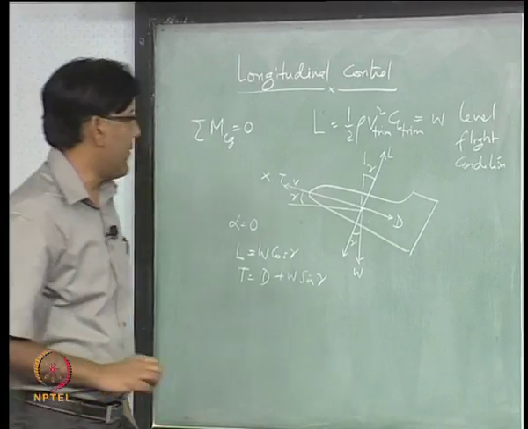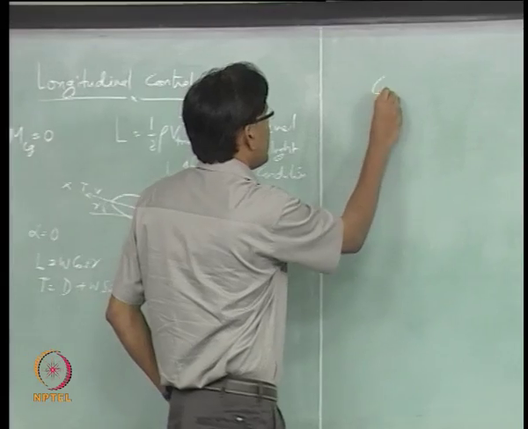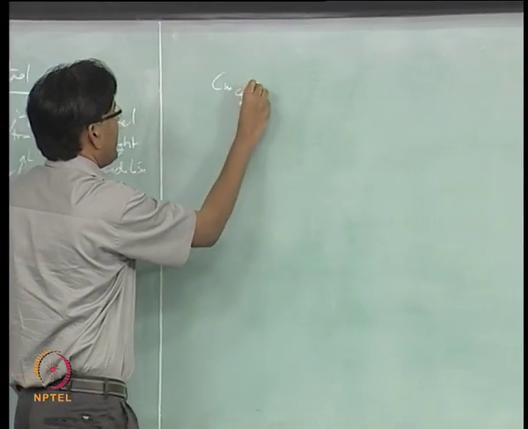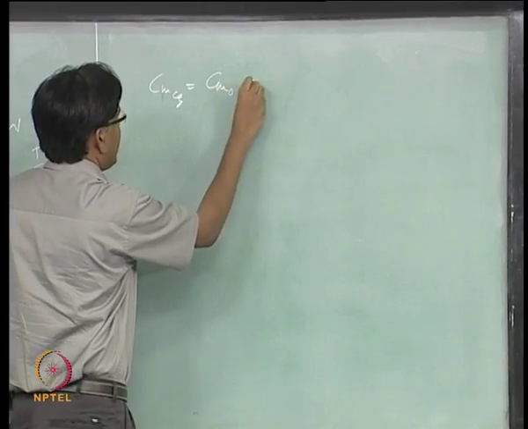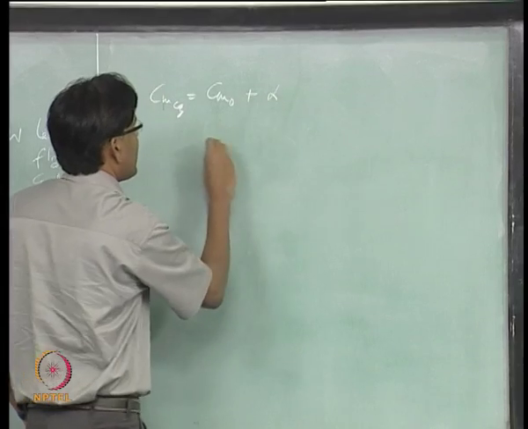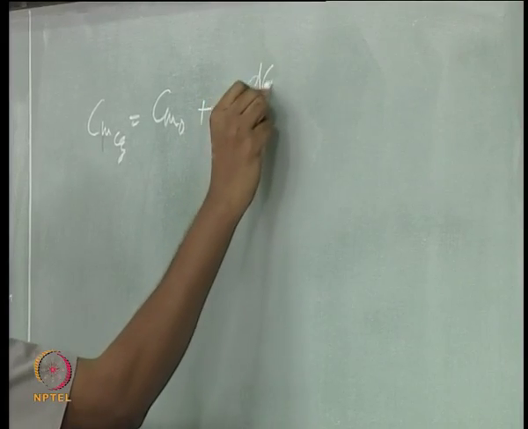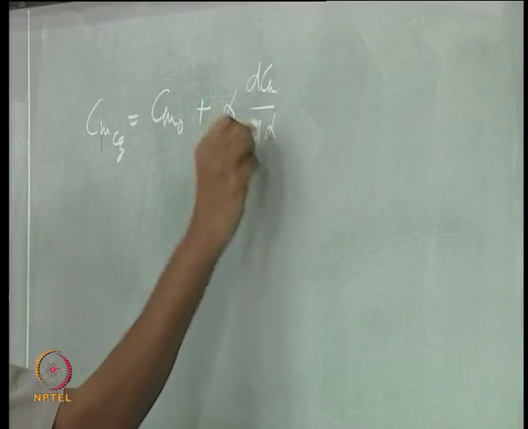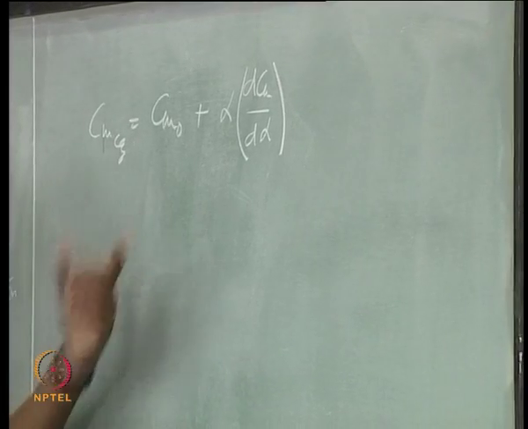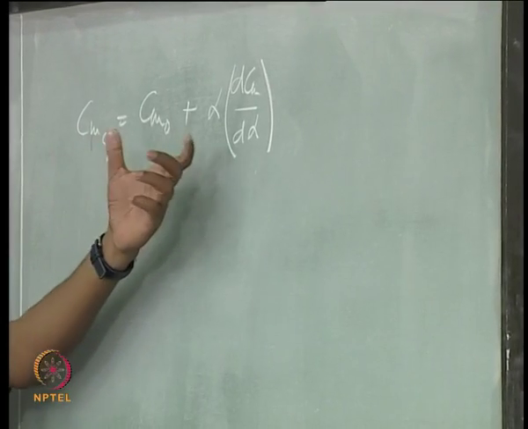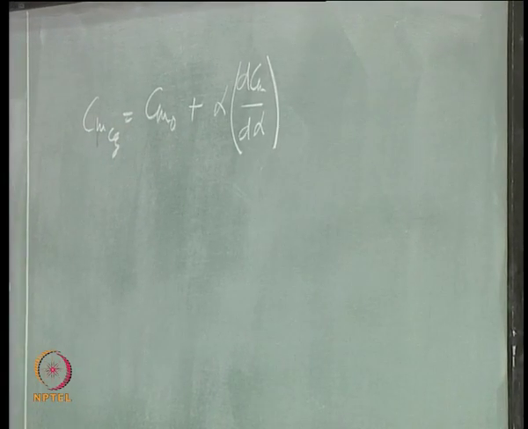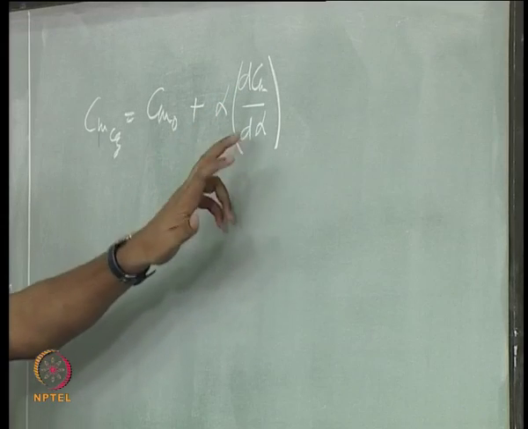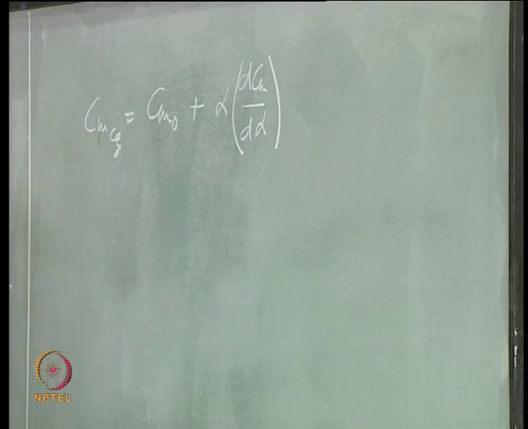So far we have looked at, now we know these quantities so far, right? We found out expression for this dCm over d alpha and for Cm naught, right?